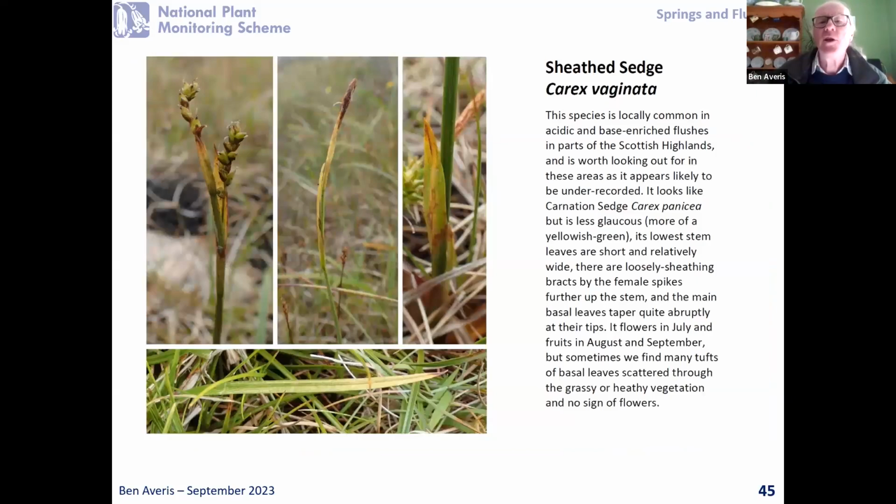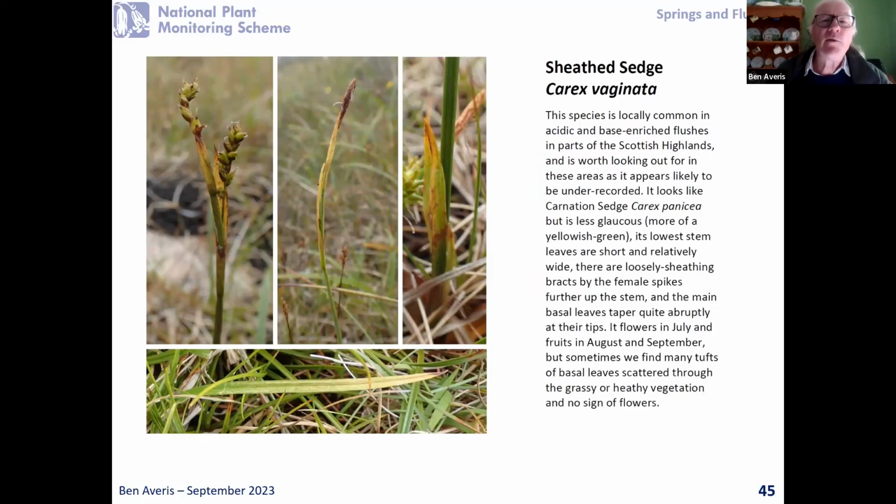And likewise, sheathed sedge. It looks a bit like carnation sedge, but it's not so bluey-grey tinged. And it doesn't always flower. You often get just the leaves. I've put a picture of a leaf at the bottom. They're a dull yellowish green color, and they're parallel-sided almost to the tip, and then quite shortly pointed, not really blunt, but the point happens in a short distance.